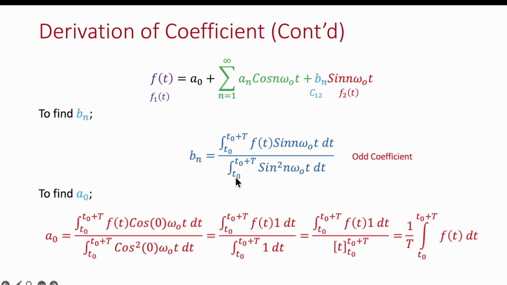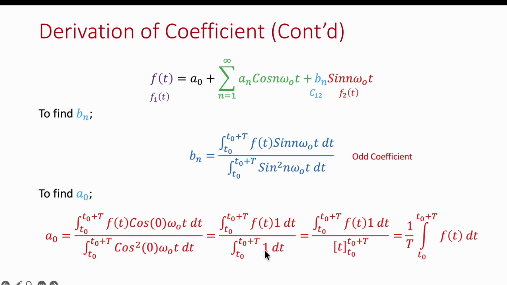To find the value of a naught, again we use the same formula, where f of t is the first function, and the second function is cos 0, which is 1. Divided by the integral of cos square of 0, which is again 1, so you only have the integral of the first function multiplied by 1, divided by the integral of 1 dt.